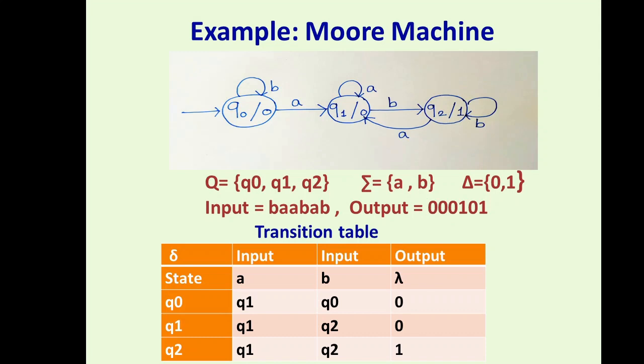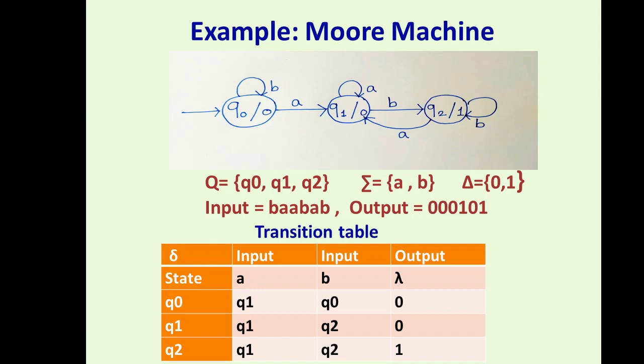In the output string, we can observe that. The next symbol is small a. For A, the output generated is 0 because we are reaching from Q0 on A to Q1 and the Q1 state is generating output 0. The next input symbol is again A.